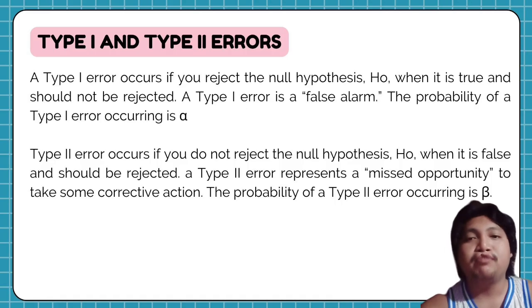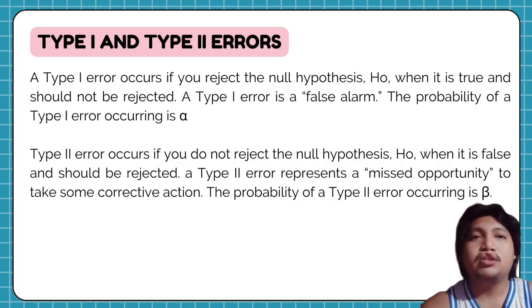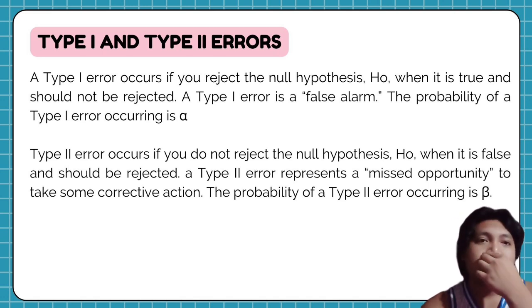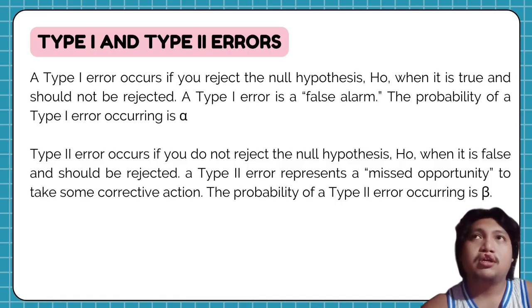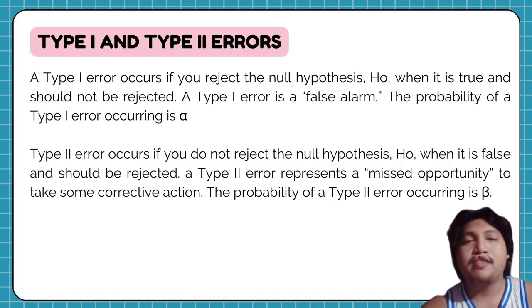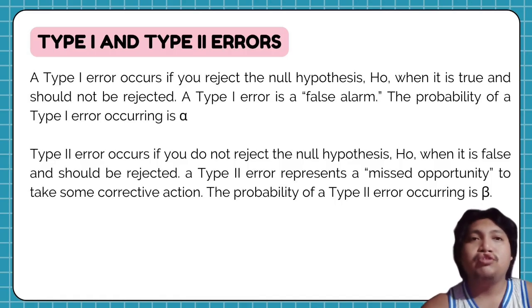Then there are two types of error, the type 1 and type 2 error. The type 1 error is also called the false positive. By definition, it is the rejection of a true null hypothesis. In other terms, in decision making, you think there's a problem when there isn't.